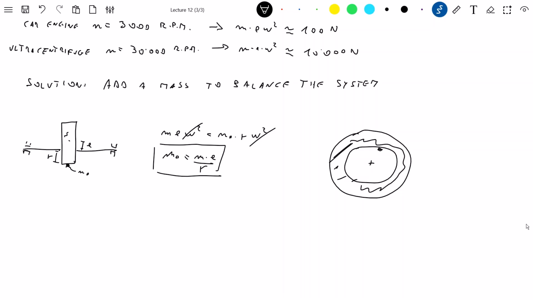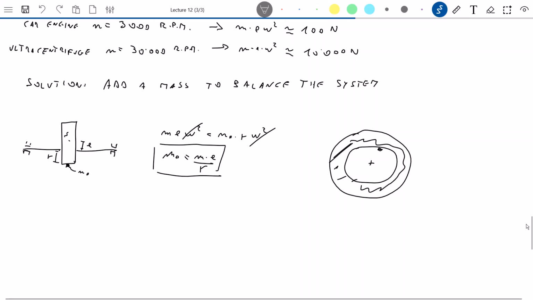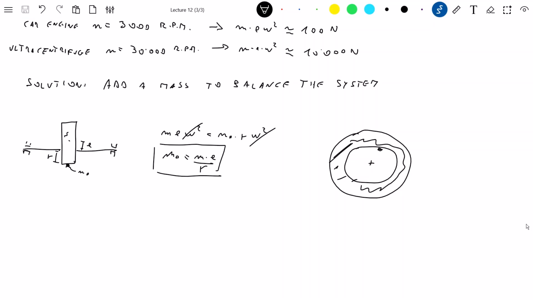You can have one small mass placed there in order to center the wheel, because it was not perfect. During production they can make mistakes, and you can balance it by adding some small masses, making the centering of the wheel.